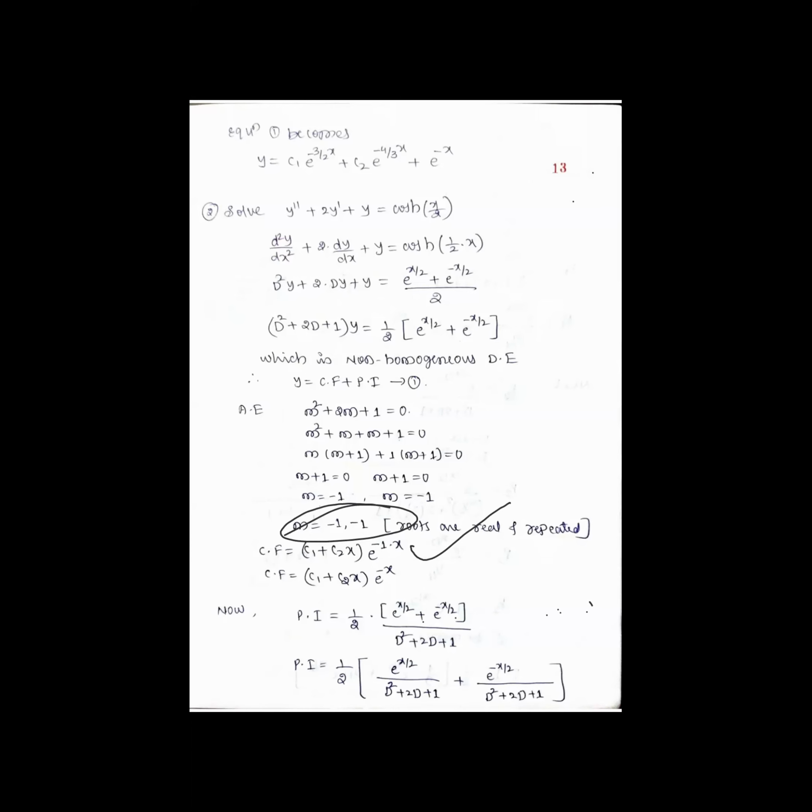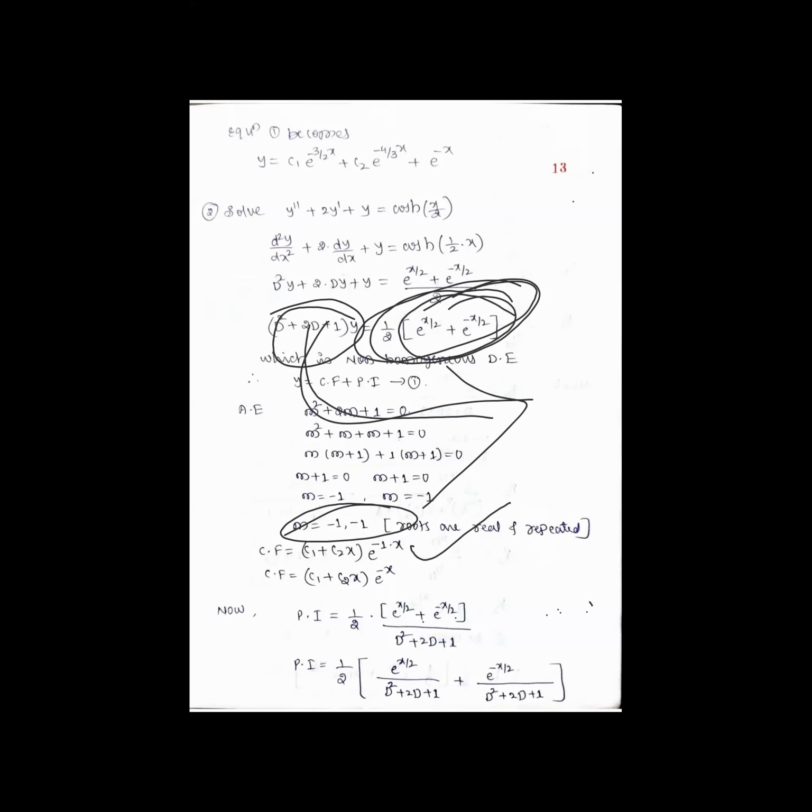Next, the particular integral is this divided by this. So the particular integral is 1 by 2, and I'll write this divided by f of d, for my convenience: e raised to x by 2 plus e raised to minus x by 2 divided by d square plus 2d plus 1.